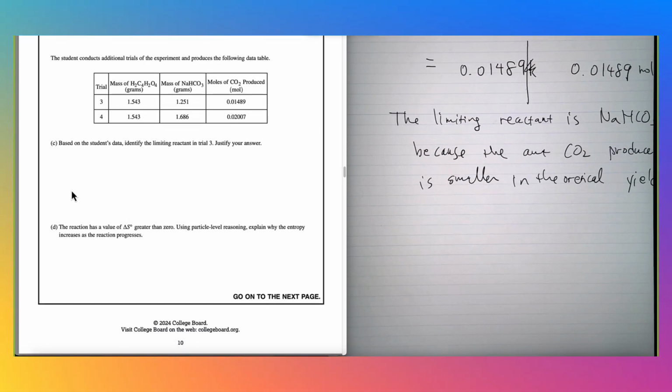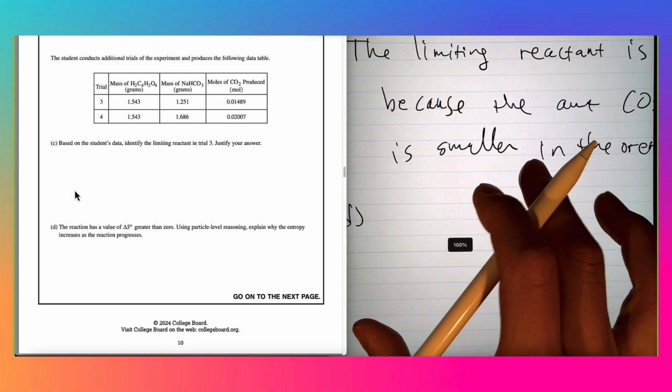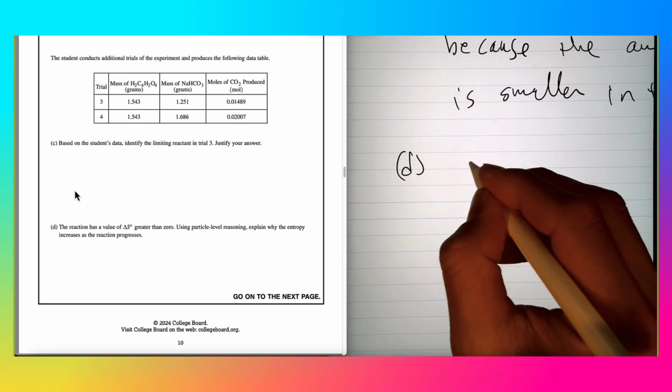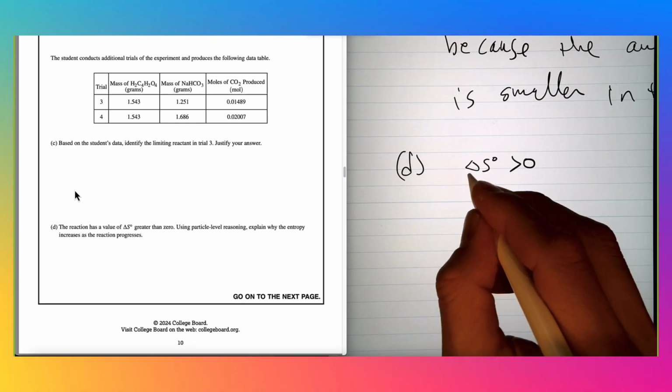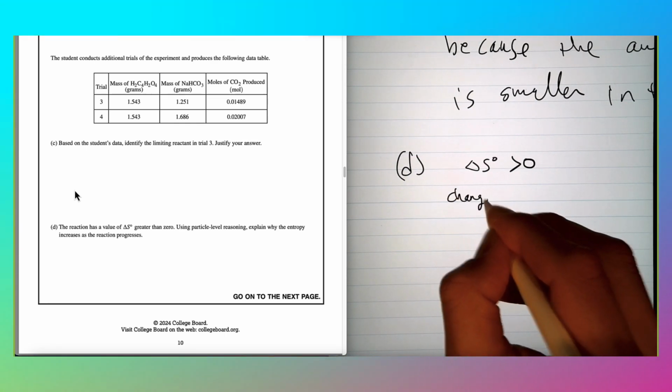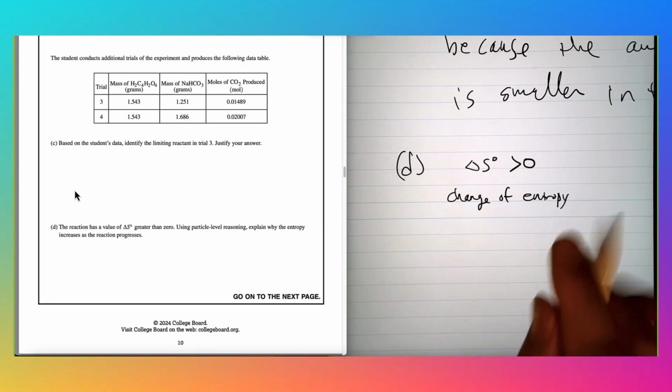Part D, the reaction has a value delta S naught greater than 0. So they tell us that delta S naught is greater than 0. So this is the change of entropy, the standard state.